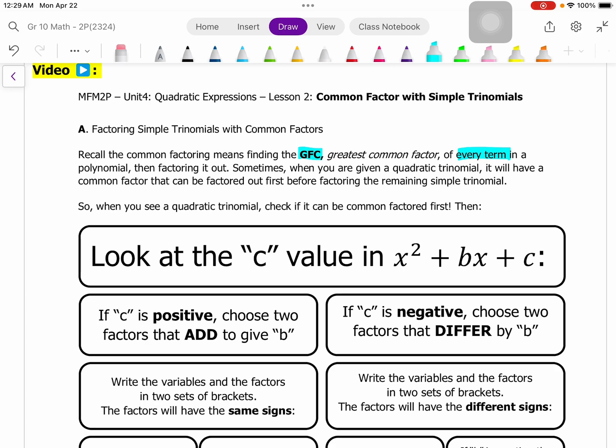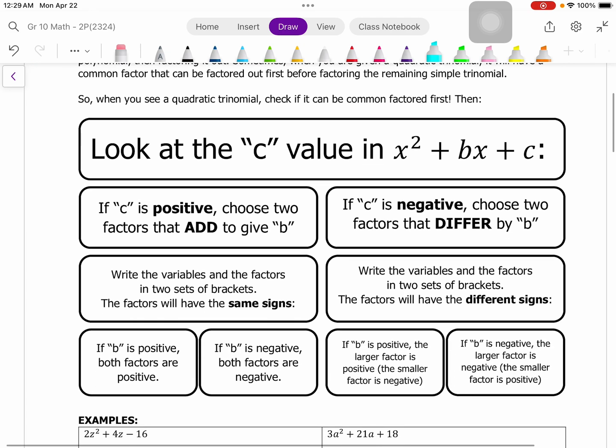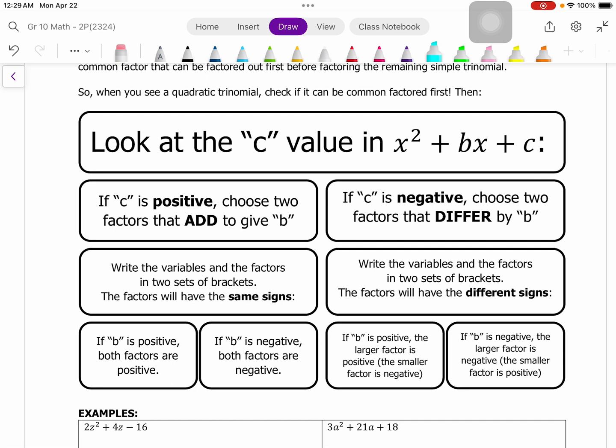squared plus bx plus c, and there's a flow chart we can follow here based on the c. We're going to look for numbers that multiply to c. Now, if c is positive, then we're going to look for two factors that add to the b value.